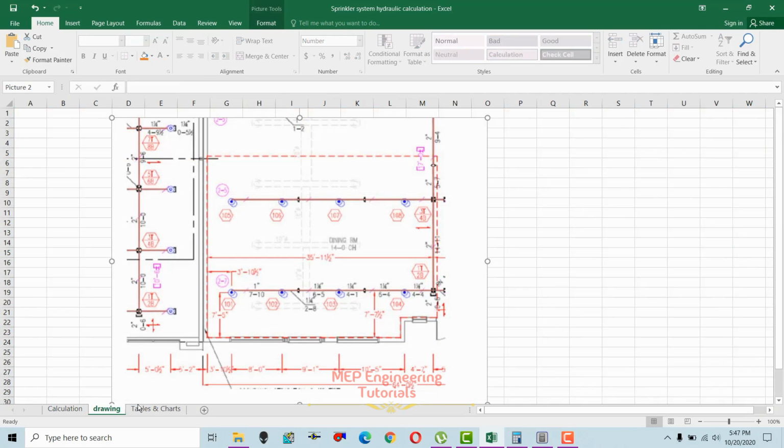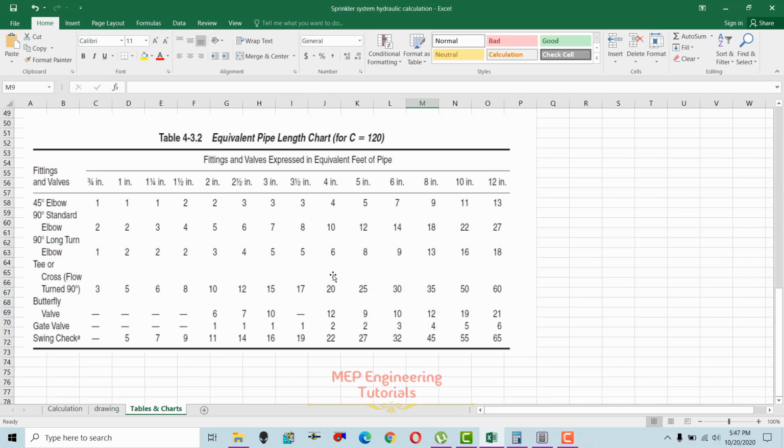Let's go to tables and charts. 2-inch 90-degree standard elbow or long turn elbow. I'm going to use the 90-degree standard elbow, 2-inch, and its equivalent length is 5. So we have 5 elbows, means 5 times 5, 25 feet for the elbows. And for T, the 2-inch T is 10.